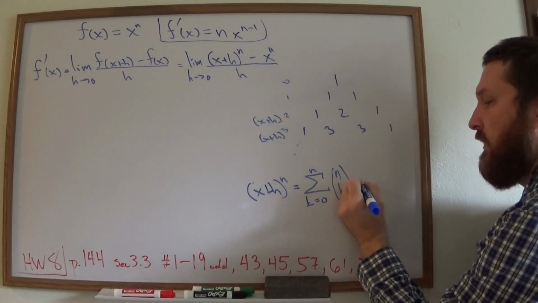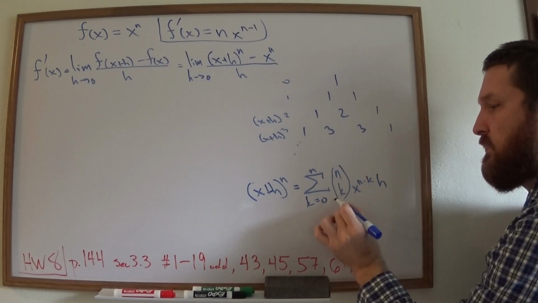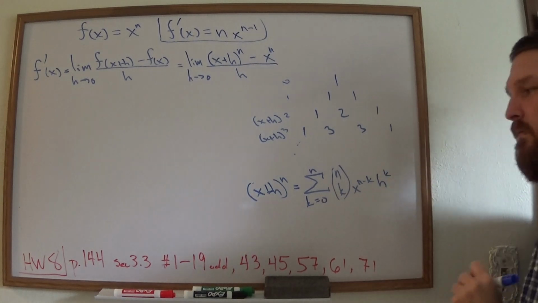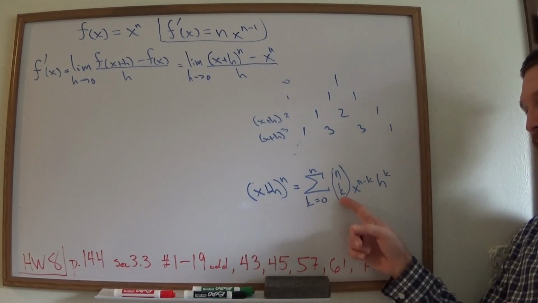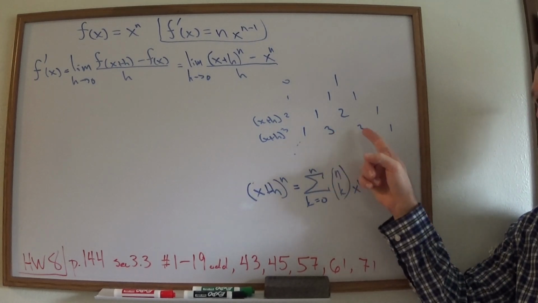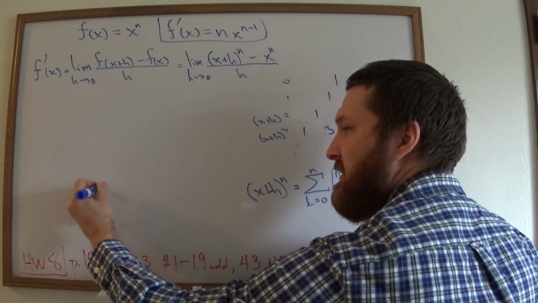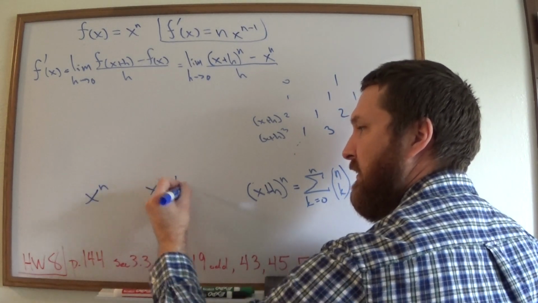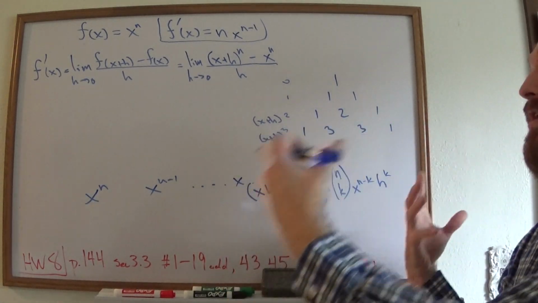Everybody remember what that's like? This thing just takes care of these coefficients, and the rest of it just ensures that the x's are descending and the h's are ascending.